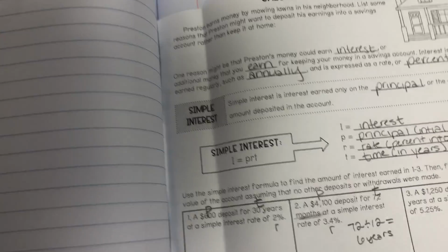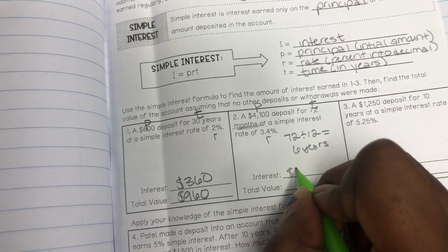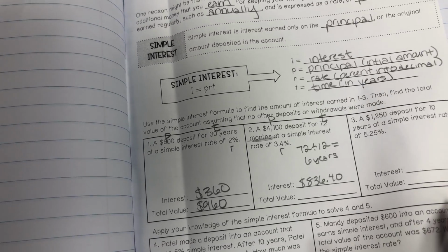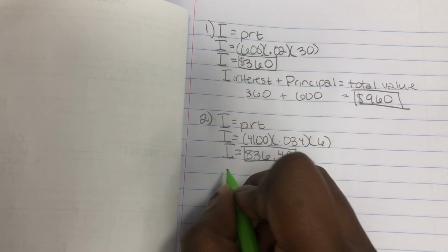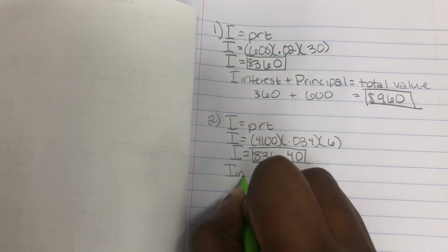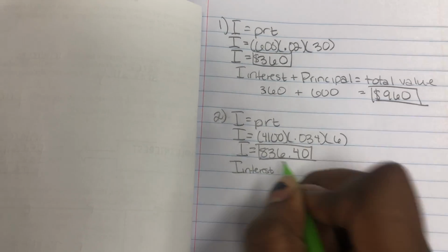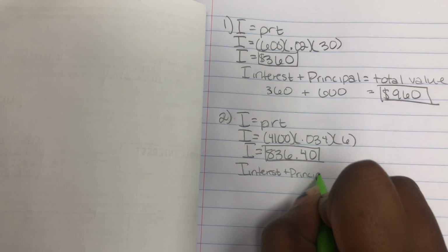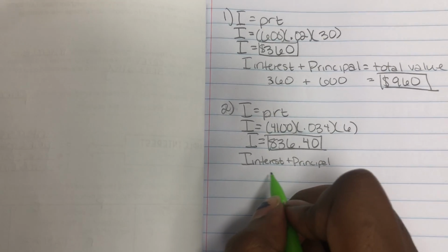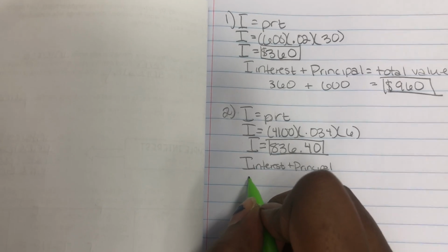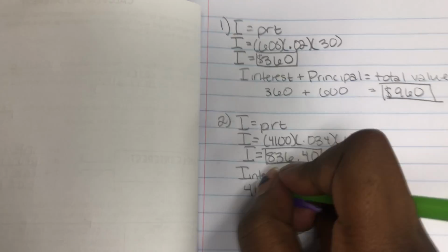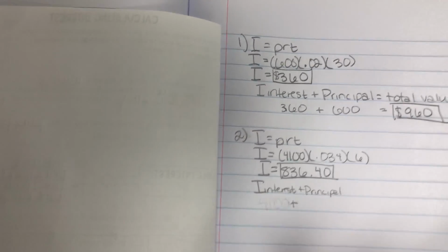All right, so now we're going to put that in right here. And then our total value, we're going to take, and I'm going to write small, our interest we said was $4,100 plus our principal. Oops, our interest is not $4,100, my bad.